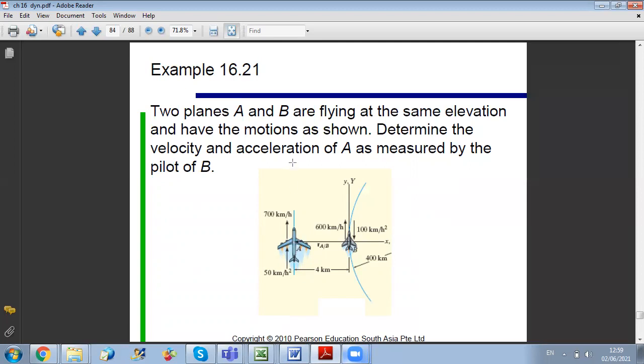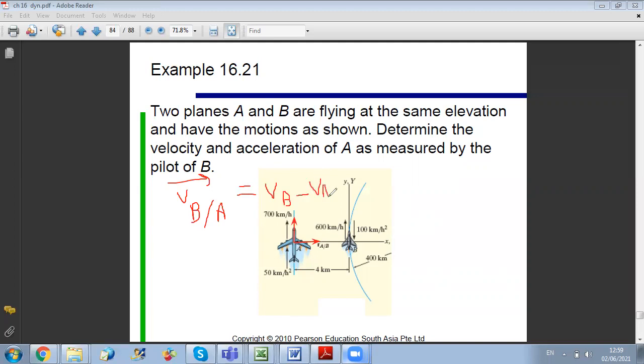So since plane A is translating, when I want to measure relative to A, I can put a translating frame at A, and then I can say that VB relative to A is given by VB minus VA.